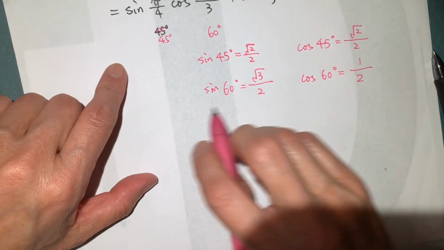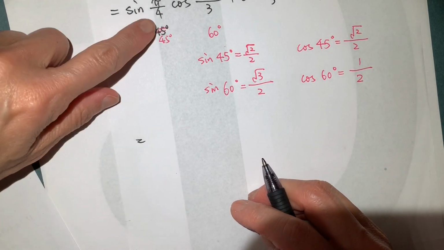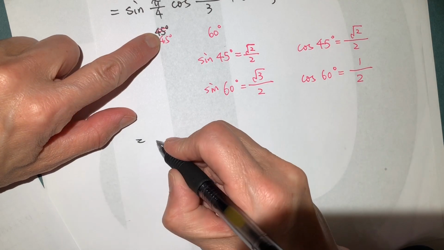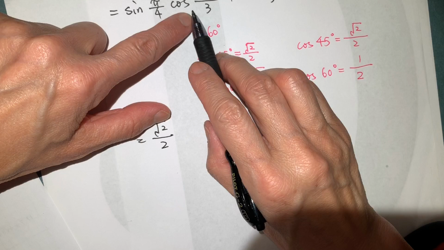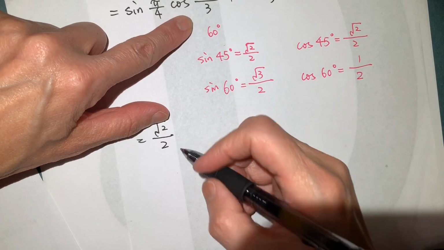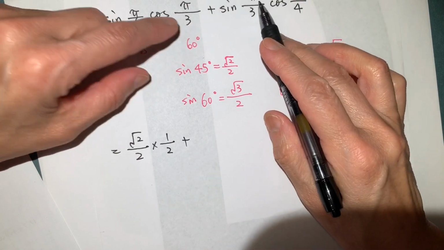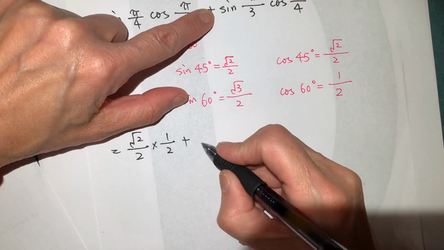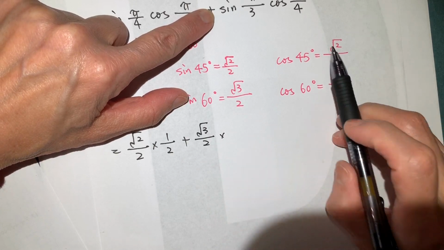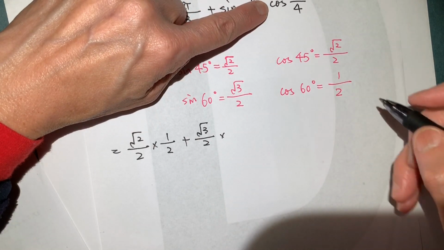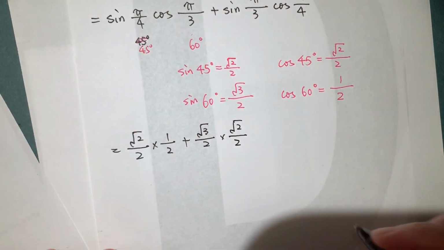So we put it back in. Sine pi over 4, 45 degrees, is root 2 over 2 times cosine 60 degrees, which is a half, plus sine pi over 3, 60 degrees, root 3 over 2 times cosine 45 degrees, which is root 2 over 2.